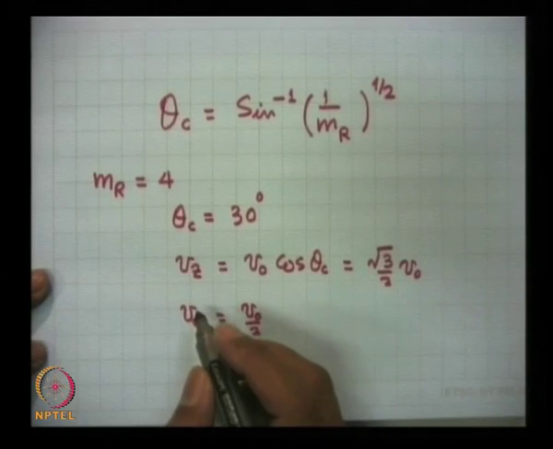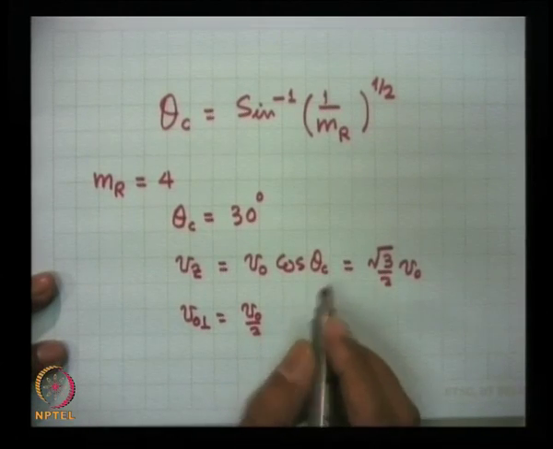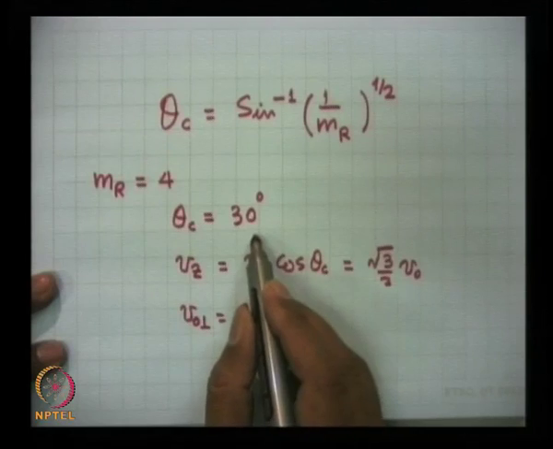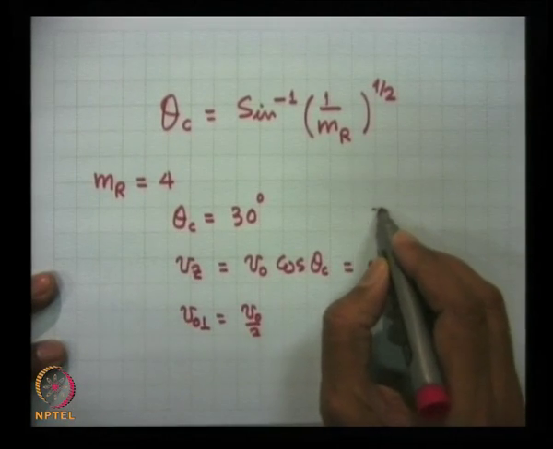These electrons are travelling at a pitch angle, with a velocity at an angle of 30 degrees to the magnetic field, which is the mirror axis.